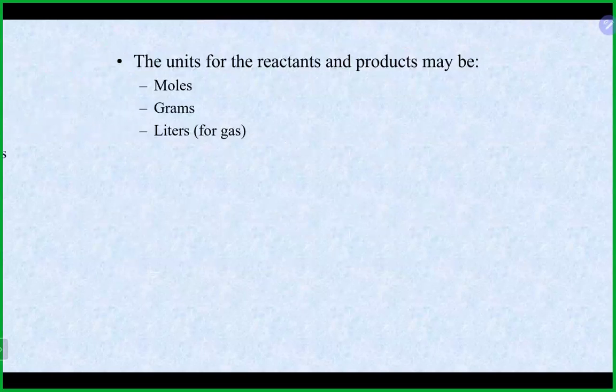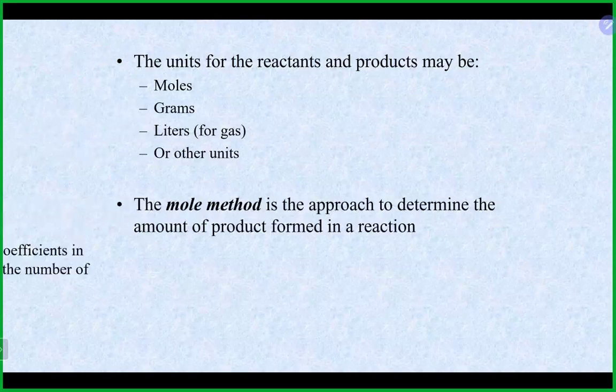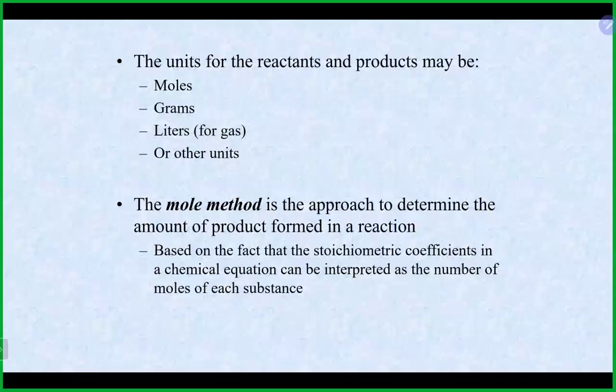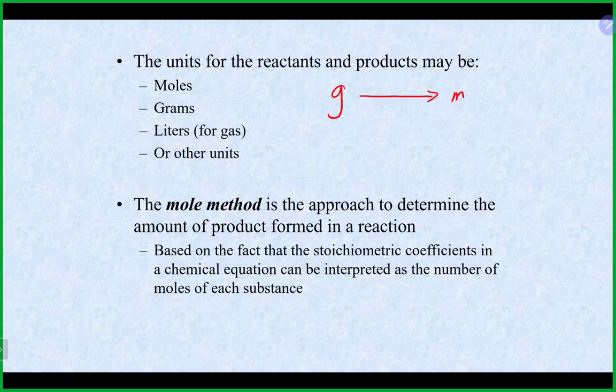So the units of stoichiometry, as we will see in some different chapters as we go through, will be a lot of different units. Could be moles, it could be grams, it could be liters. I would say in most cases in this chapter, we're going to be doing this really important conversion, which is grams to moles and moles back to grams.